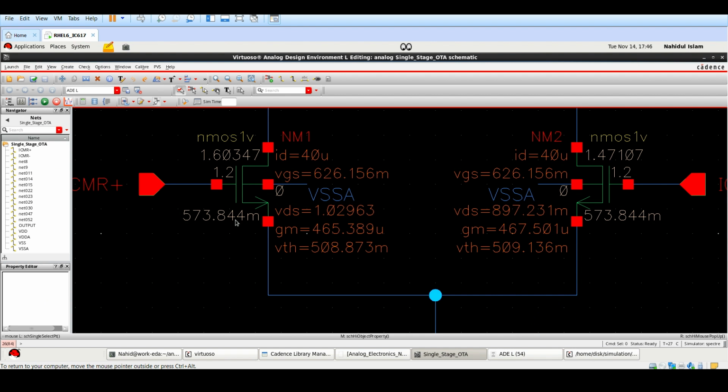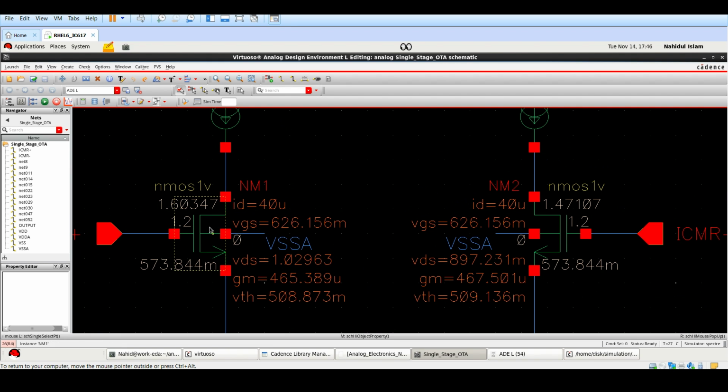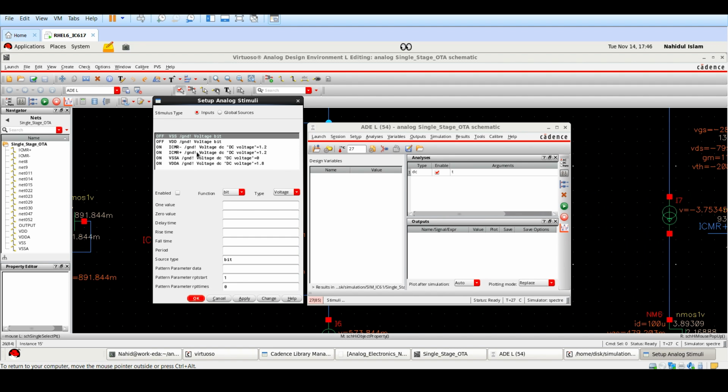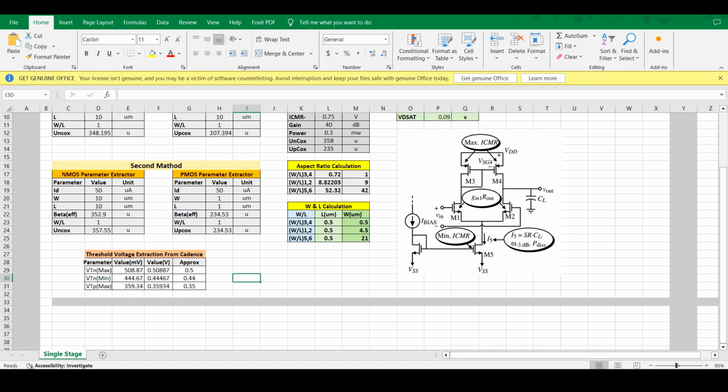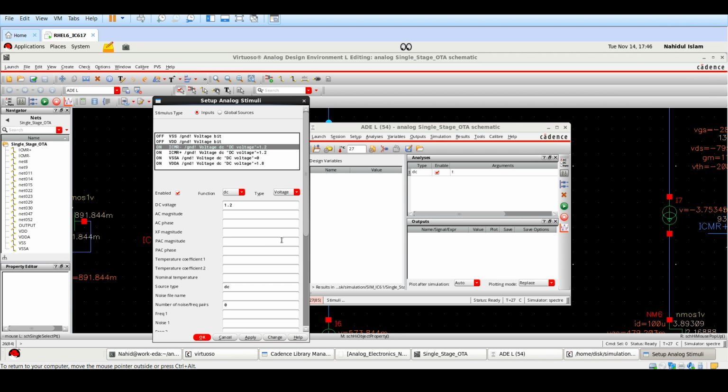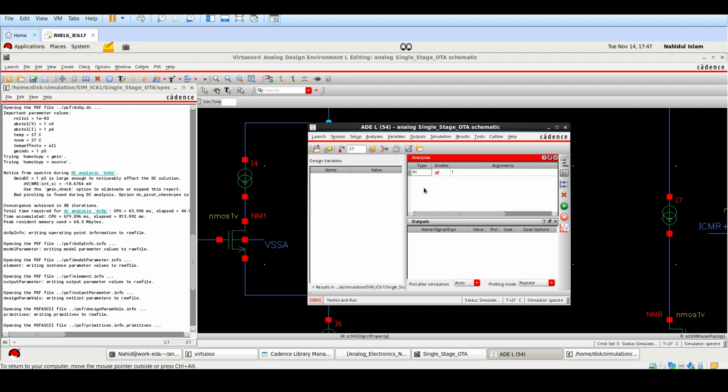If I calculate the minimum threshold voltage, I have to set the minimum ICMR value, which is basically 0.75. So let's run the simulation.